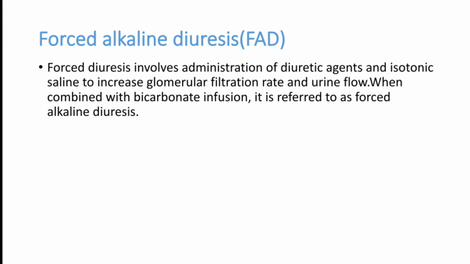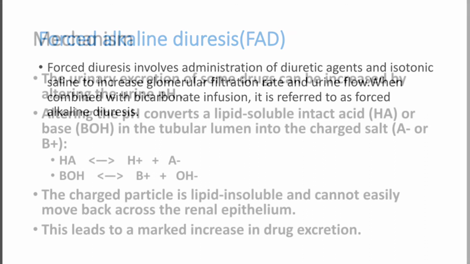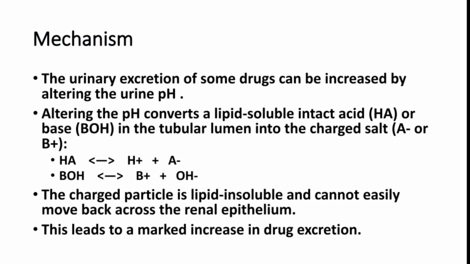The mechanism of forced alkaline diuresis is that the urinary excretion of some of the drugs can be increased by altering the urine pH, whether it is acidic or alkaline. Some of the drugs which are acidic can be removed by making the urine pH alkaline. Altering the pH converts a lipid soluble intact acid or base in the tubular lumen into the charged salt.